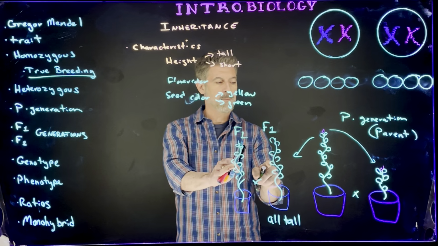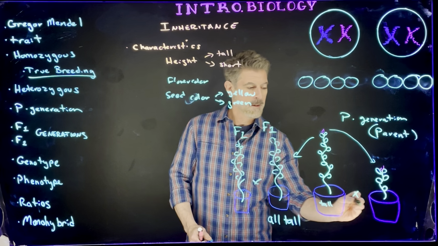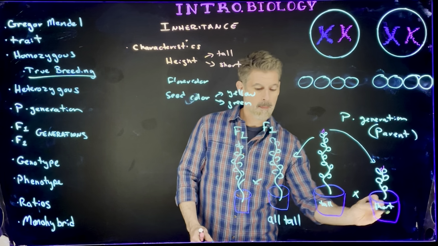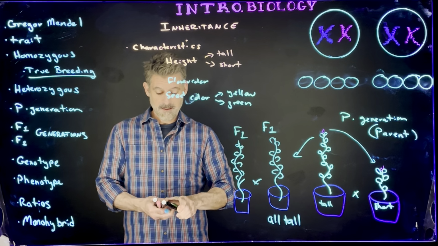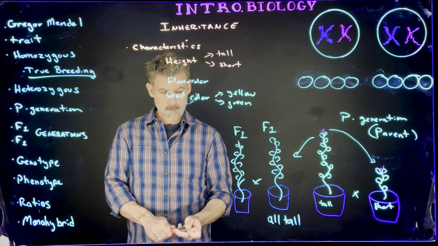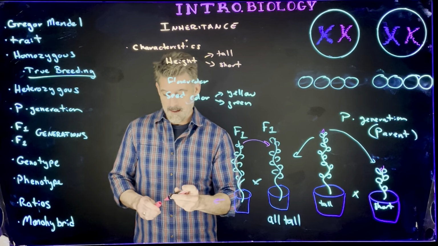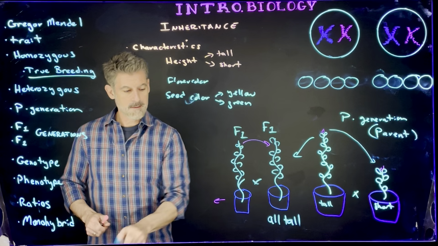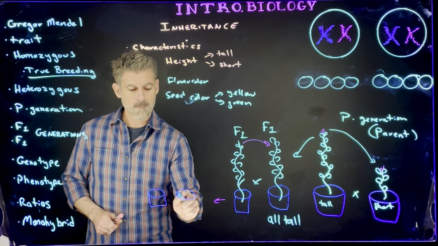These are both offspring of a tall parent and a short parent. They're all tall. And then he crossbreeds these. And now what he sees in this generation is something new.